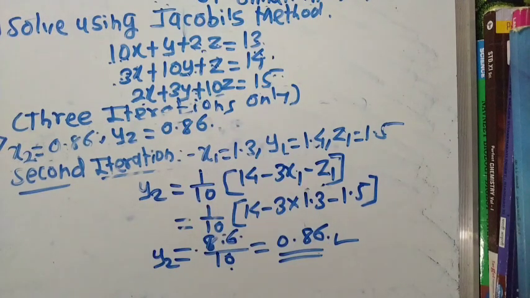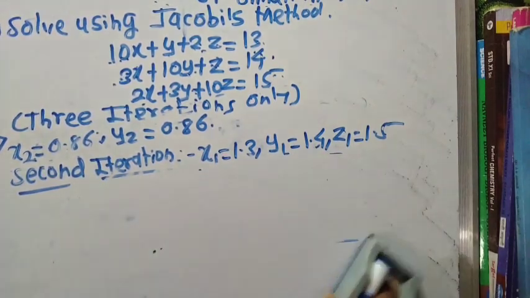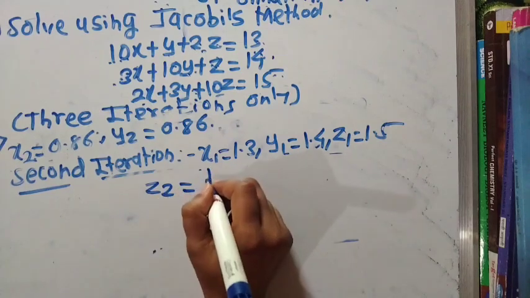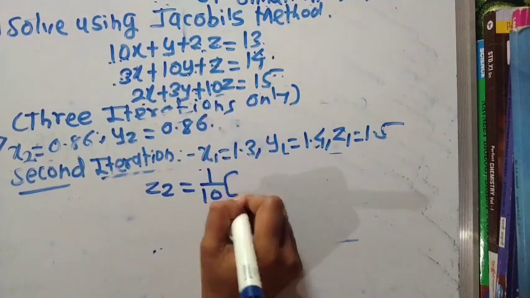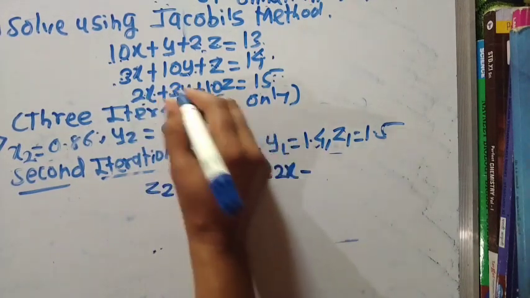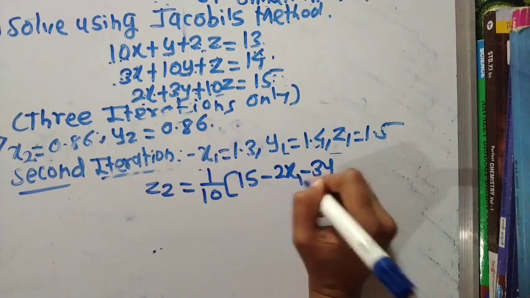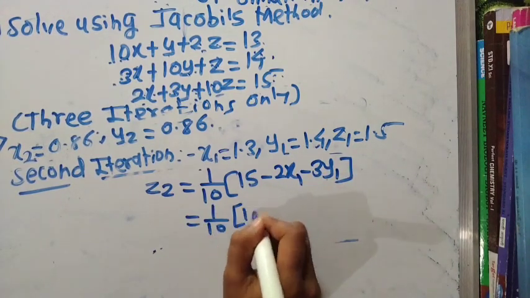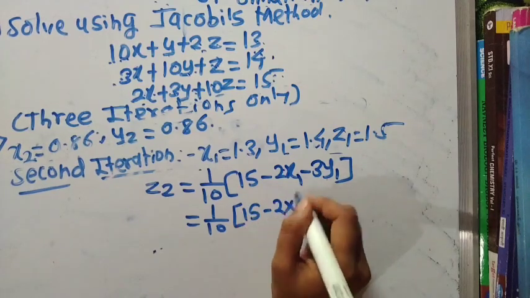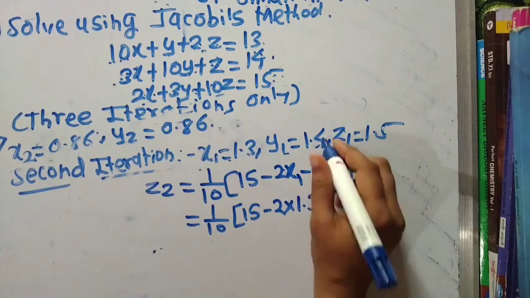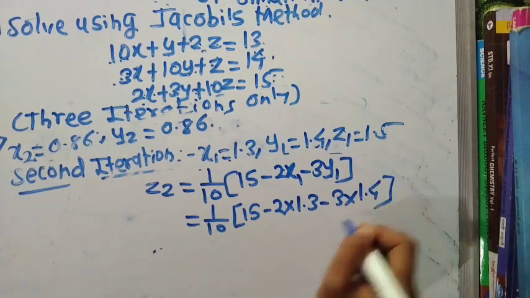Then find out z2. So z2 is equal to 1 divided by 10, 15 minus 2x1 minus 3y1, which is equal to 1 divided by 10, 15 minus 2 into x1 means 1.3 minus 3 into y1 means 1.4.